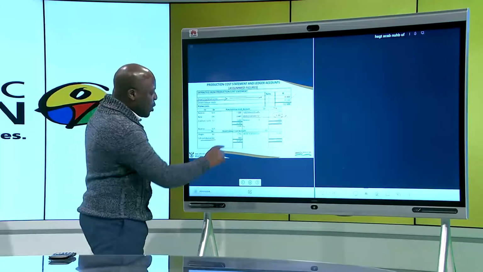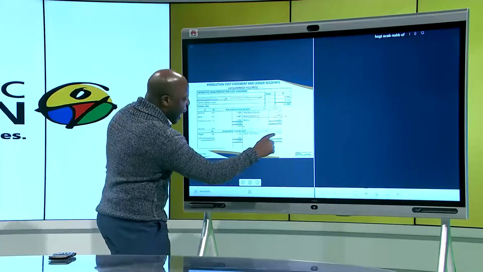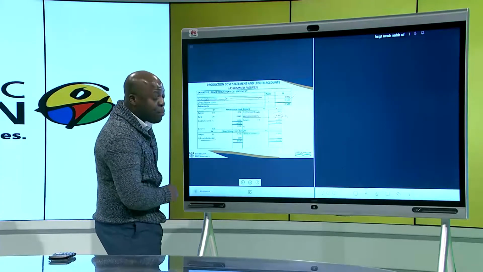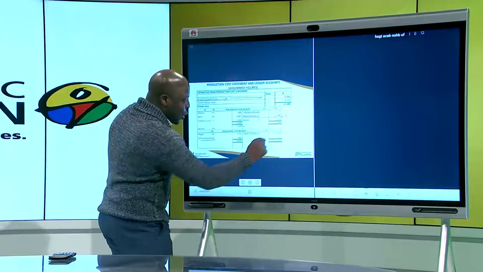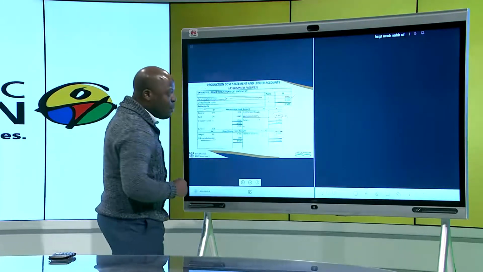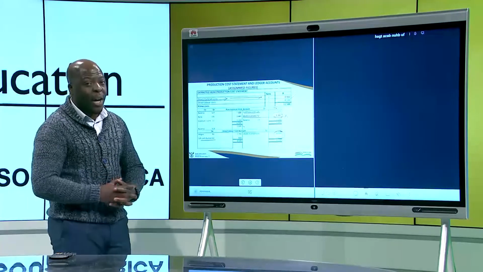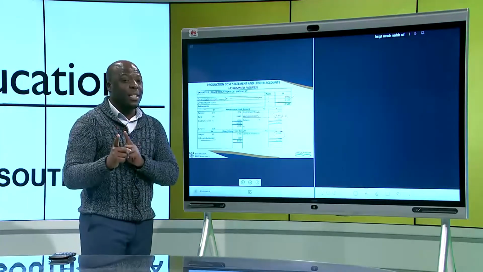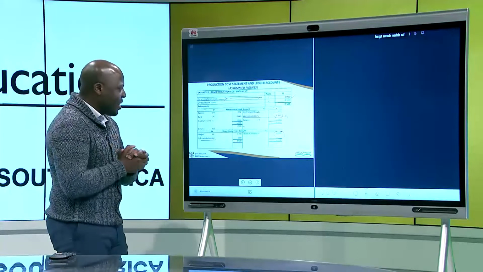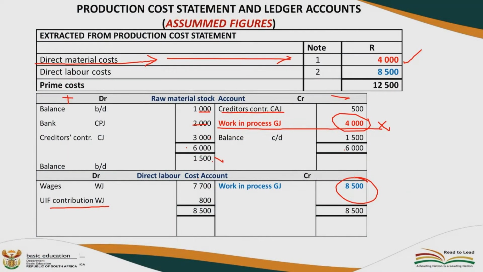And then once we have added them together, we're going to have now to close it off to the work in process account. So the 8.5 that we'll be having here is now what is taken to the work in process account. In this particular case, boys and girls, we take this where? Very correct. We take it to our production cost statement, to our direct labor cost.